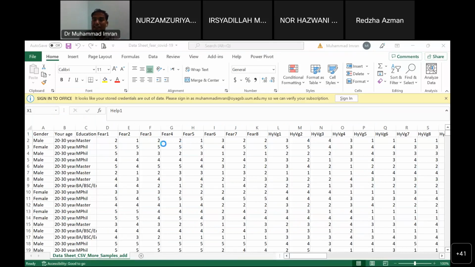And the second thing is the Google survey: you just download the file in Excel and you can import that file directly into SPSS. See here, open. Where is the file? I must know where my file is.